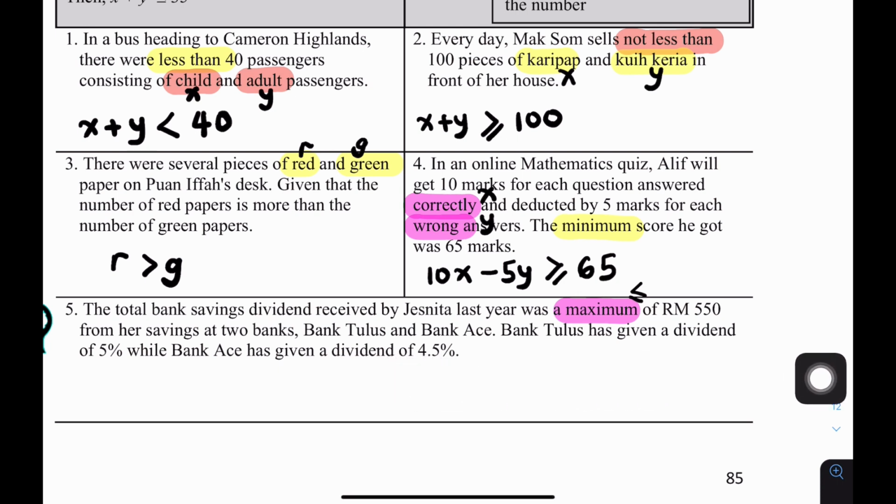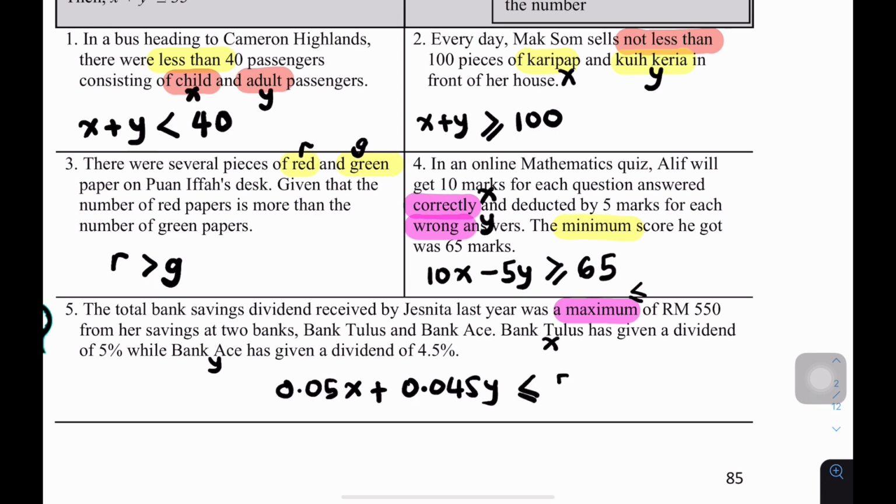So kita labelkan Bank Toulouse sebagai X, Bank S sebagai Y. So we have X, how much the dividend? 0.05x plus 0.045y. Maximum is less or equal to 550. So far boleh.